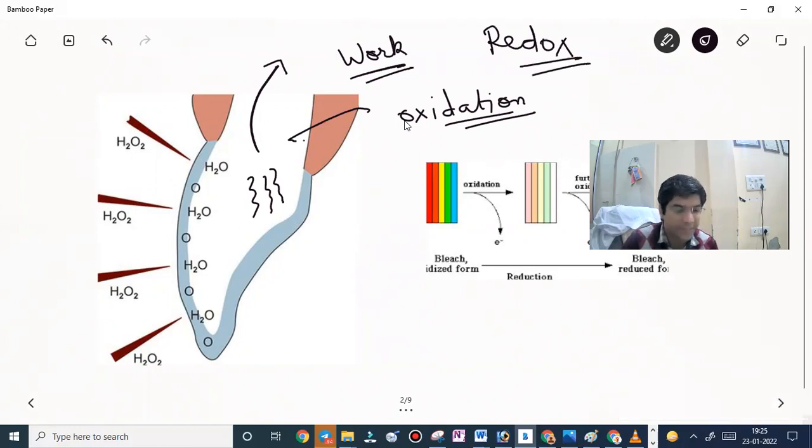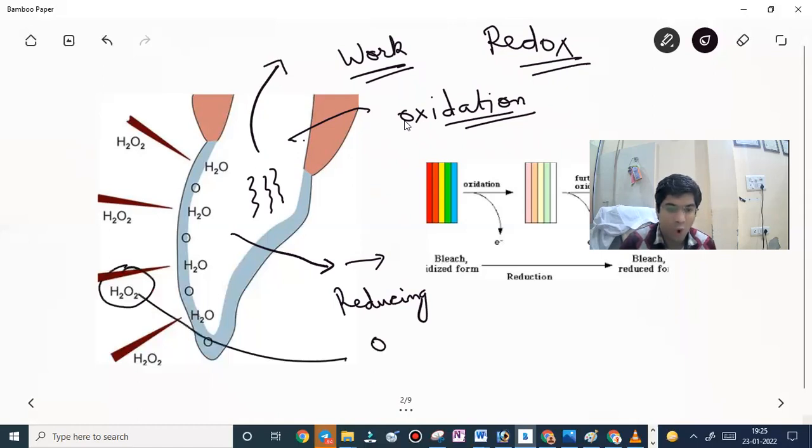Before the bleaching process, remember the teeth will act as a reducing agent, and the bleaching material is the oxidizing agent.